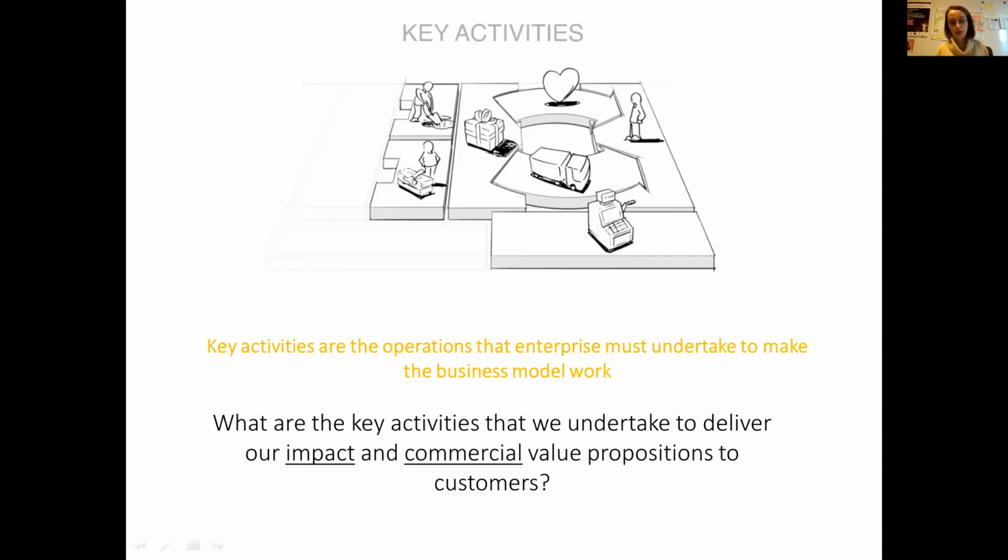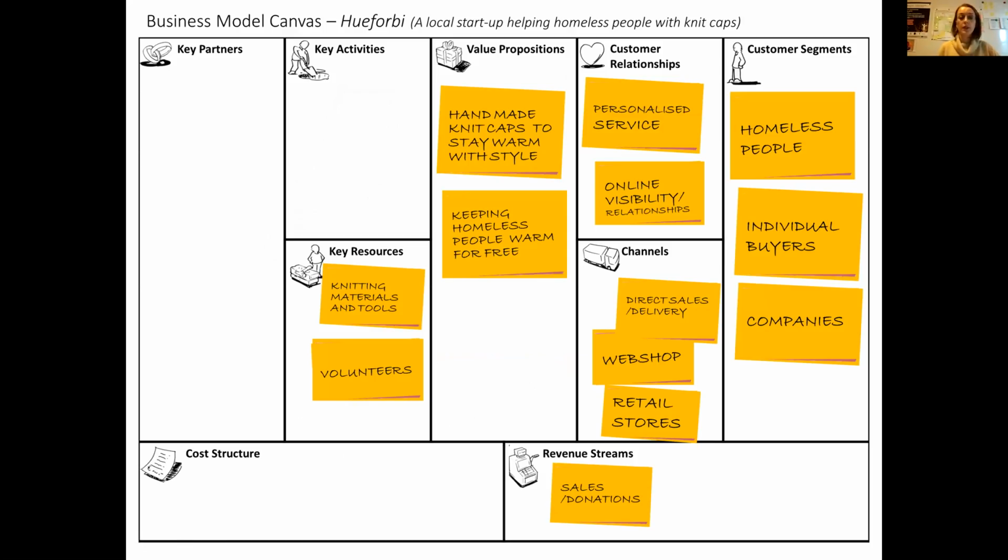Let's have a look at the last shape of our business model. What are we doing? Key activities usually describe the daily operations that we need to conduct in order to make our business model work. Yes, development of the product. So let's say it's simply production, right?